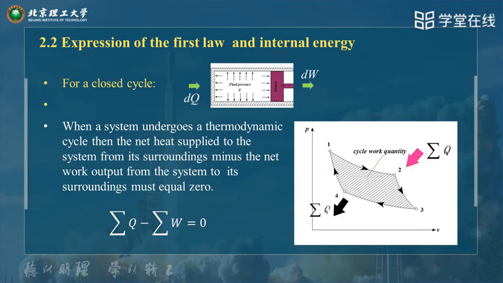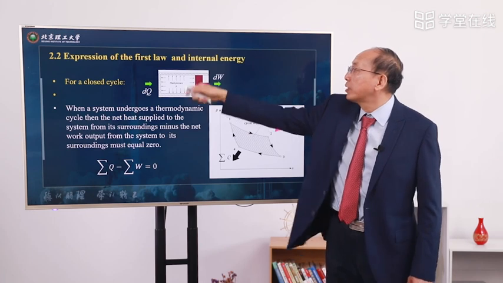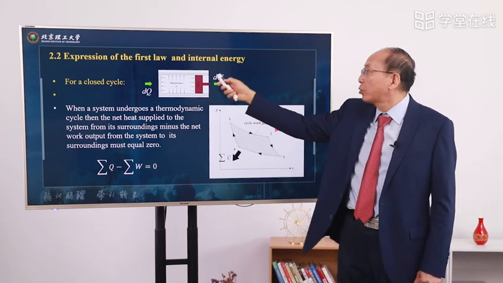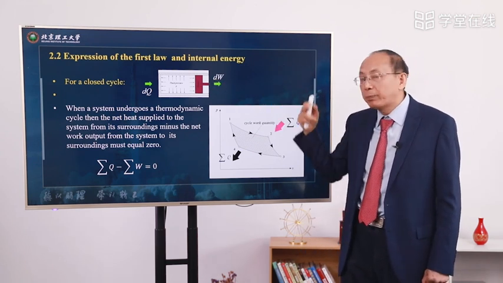When a system undergoes a thermodynamic cycle, the net heat supplied to the system from its surroundings minus the net work output from the system to its surroundings must equal 0. That is to say, all of the Q from outside to the system is used to do work, and the net work to the outside must be the same.